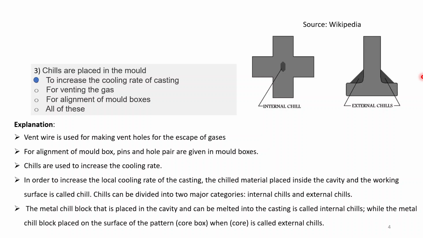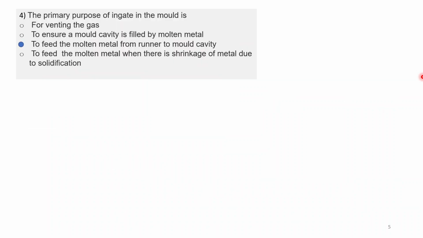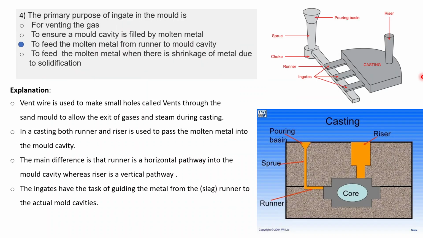In this case, chills are placed in the mold. These can be internal or external chills. They are used to increase the cooling rate of the casting. Next question, primary purpose of the ingate in the mold? The answer will be to feed the molten metal from the runner to the mold cavity.